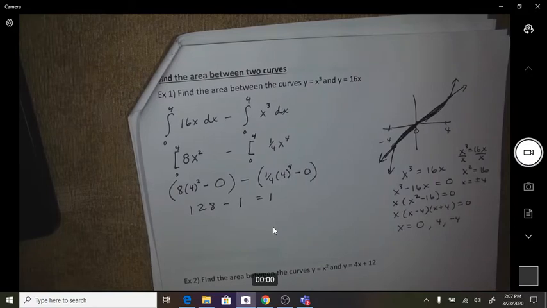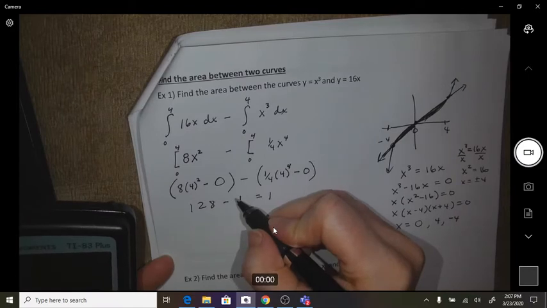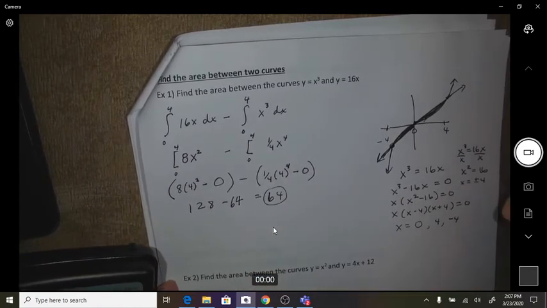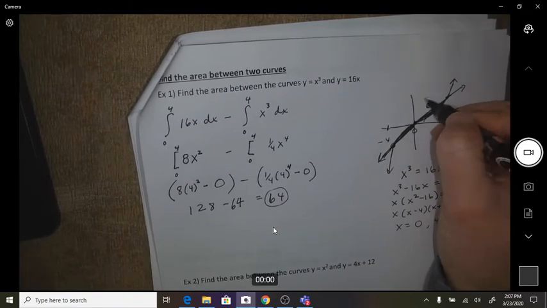There we go. Forgot, that's not 1 anymore. 4 to the 4th, 64. So 128 minus 64 is 64. So the area under here is 64.